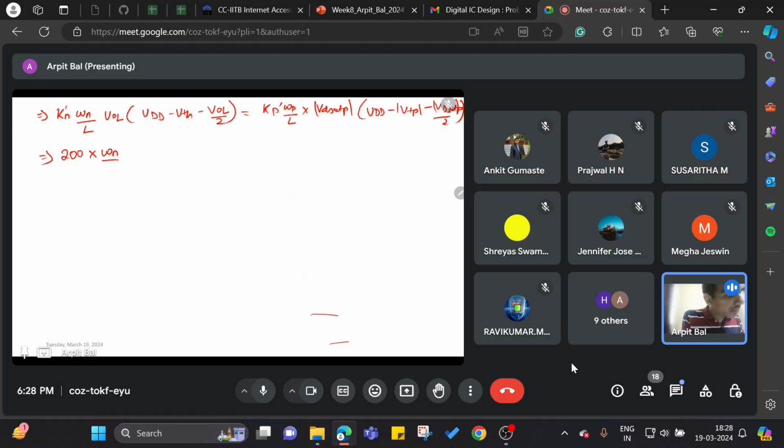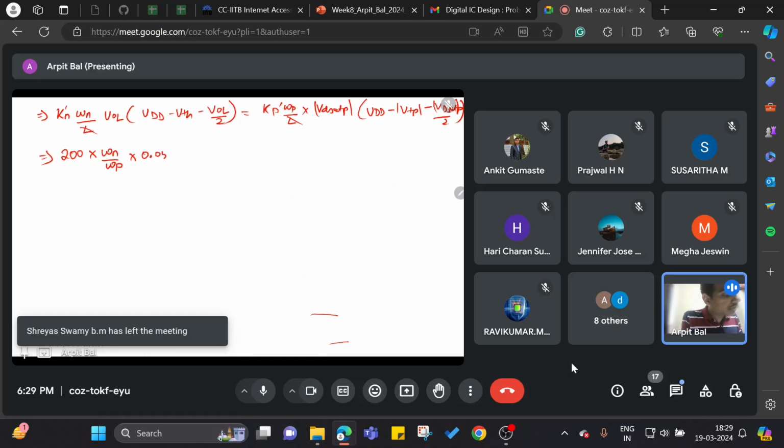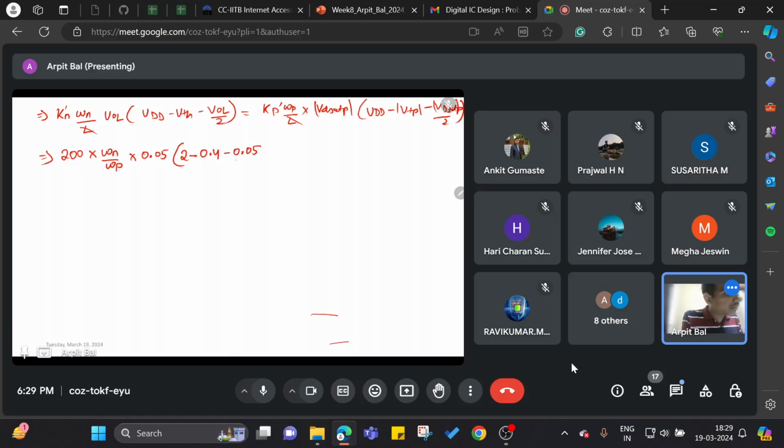Let me bring the Wp to this side, so L will be cancelled, into 0.05, into (VDD is 2 minus 0.4 minus 0.05 by 2) equals Kp dash is 100 into mod VDsatP is 0.4, into (2 minus 0.4 minus 0.4 by 2). So from here, try to figure out what is Wn by Wp.